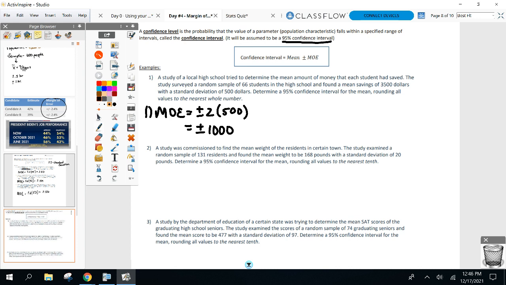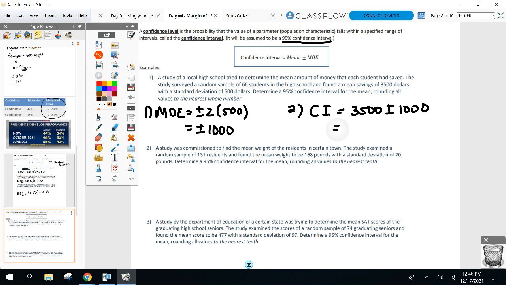Now we take this one step further and find what's called our confidence interval, CI. This interval will be where the mean will actually be. I take the mean, 3,500, and do plus and minus 1,000. Lower number goes first on the interval, remember?